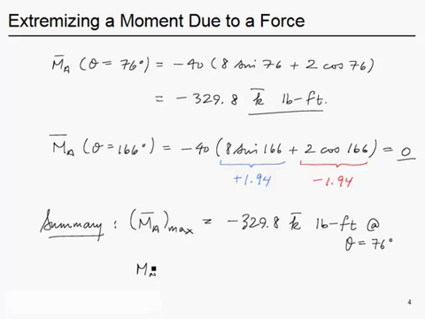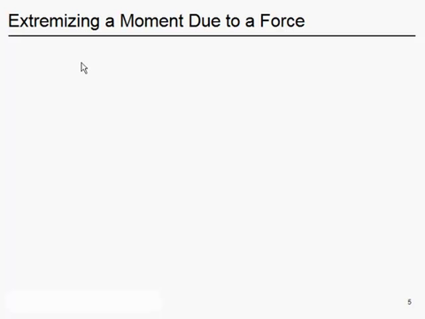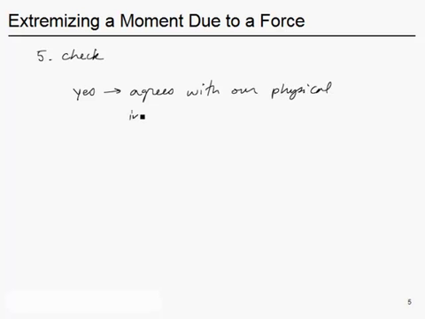M_A minimum equals 0 in the k direction, pound feet, and that's at theta equals 166 degrees. And then if we think about step 5, which is to check, we would say yes, this agrees with our physical interpretation.